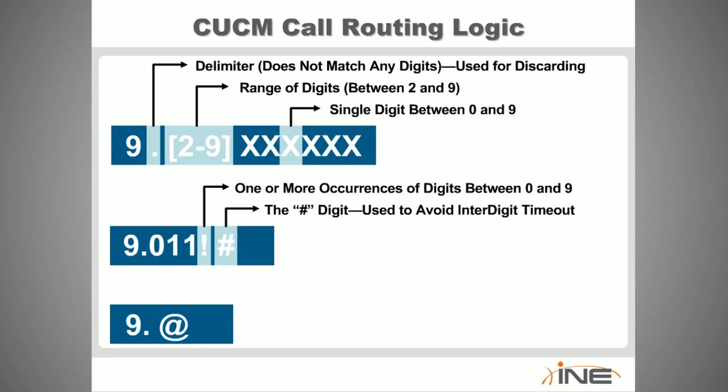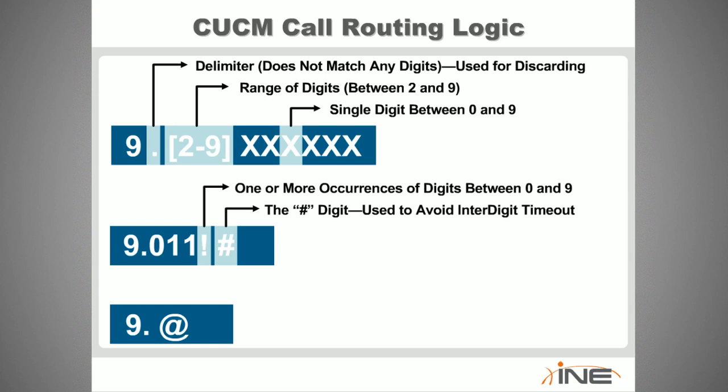If it did match hash, then it would just be another possible digit that it matched, and it could go on infinitely. Since it cannot match a hash, and we dial a hash, and there's a hash in the pattern, of course we have to set one up with that for it to match, that's when we have essentially said we're done matching any other potential random wildcard digits, 0 through 9, and we now have a complete match of a pattern, and we're certainly going to look in just a moment at specific patterns.